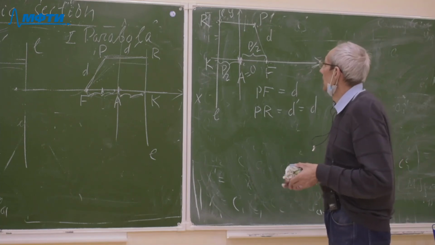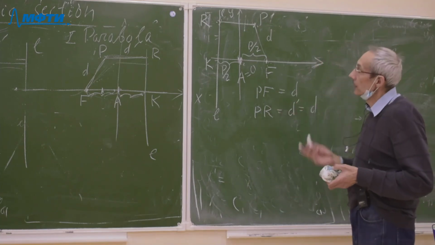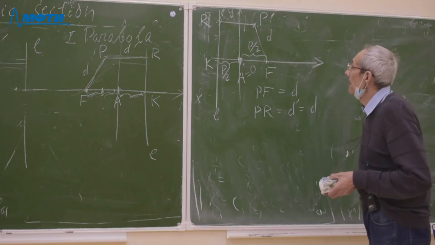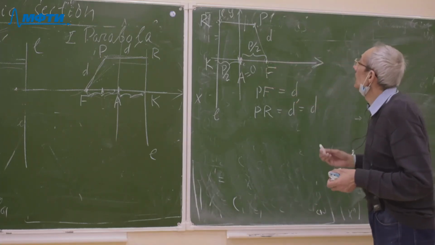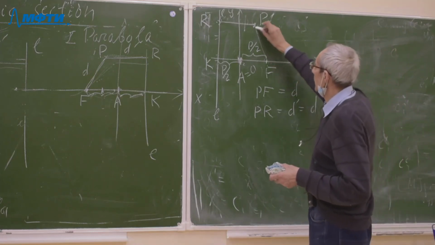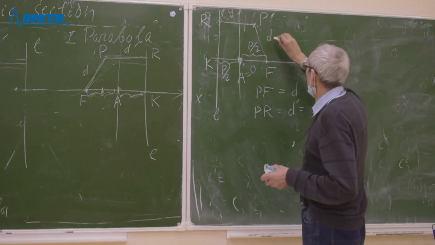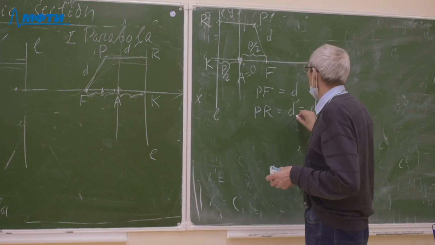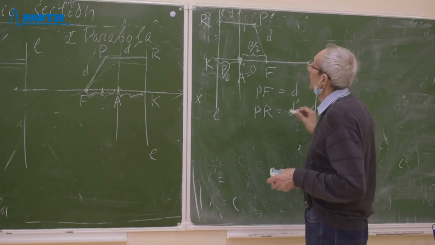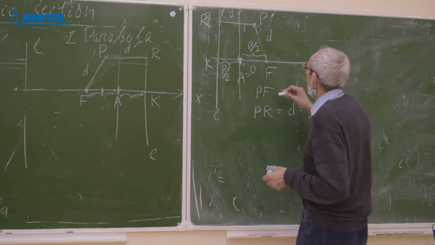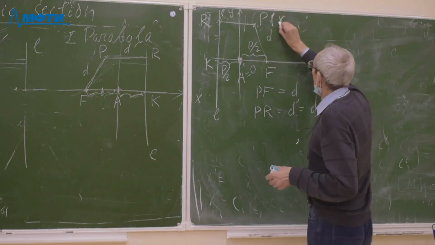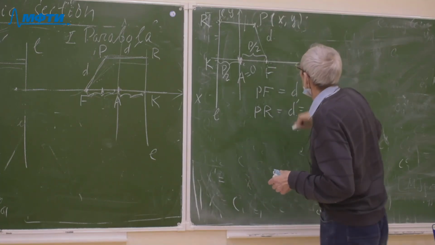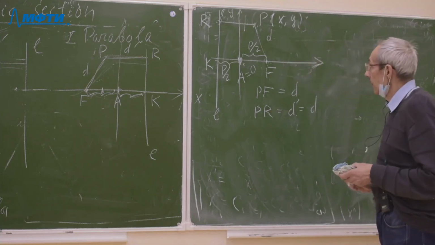Using this coordinate system, we obtain the equation for our conic. We will use the definition. By definition, D and D prime are equal. Let P have coordinates x, y.